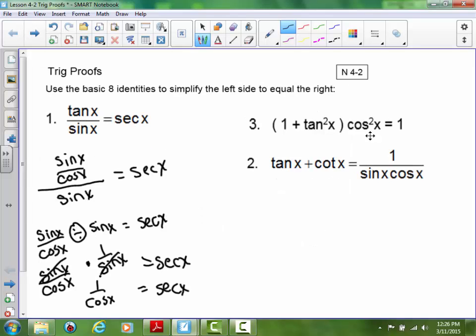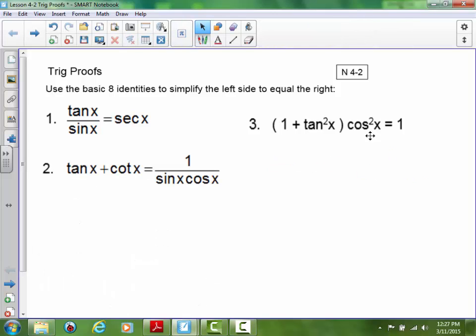So we replace 1 over cosine with secant, and we have now shown that the left side is equal to the right side. So we're just using the basic 8 identities, simplifying the left side until it equals the right side. Okay, all right, let's try another one.